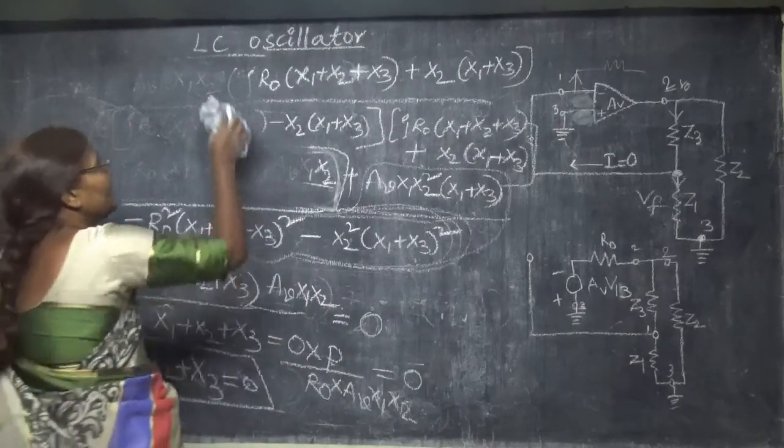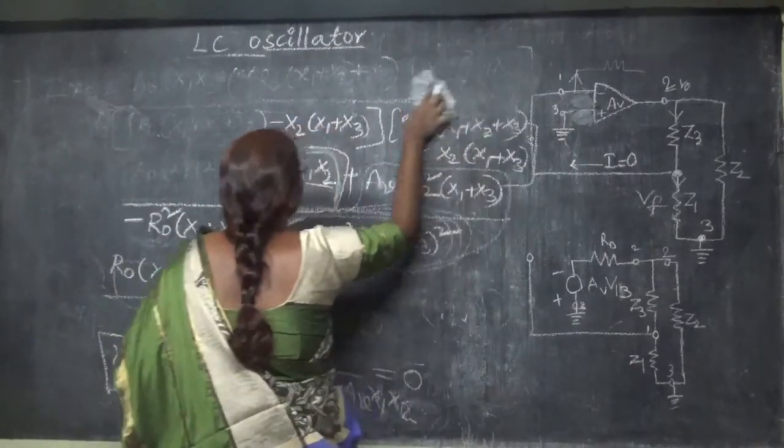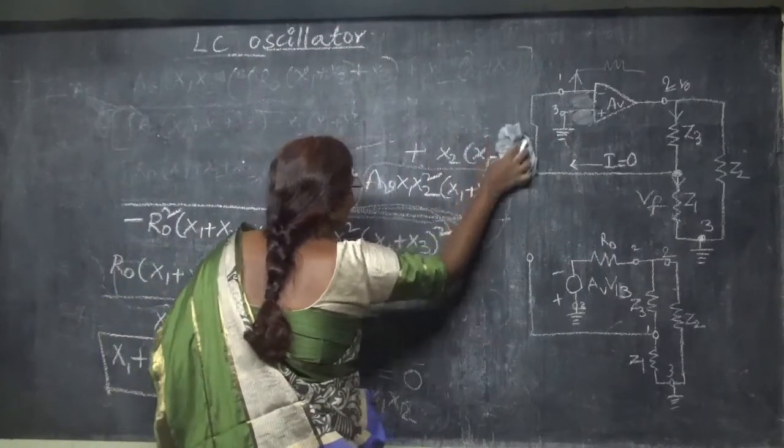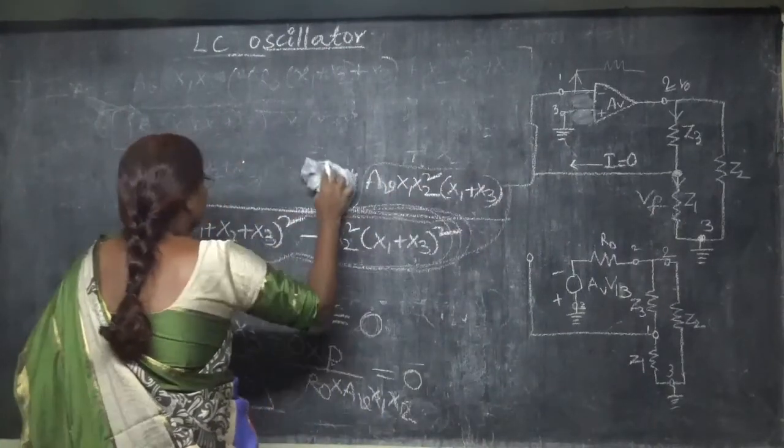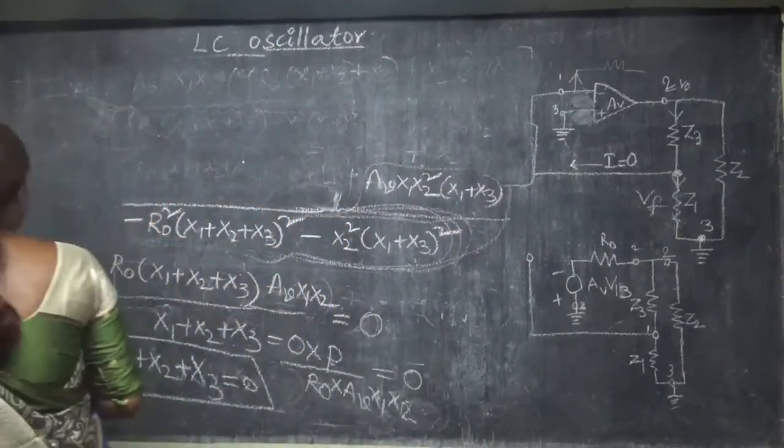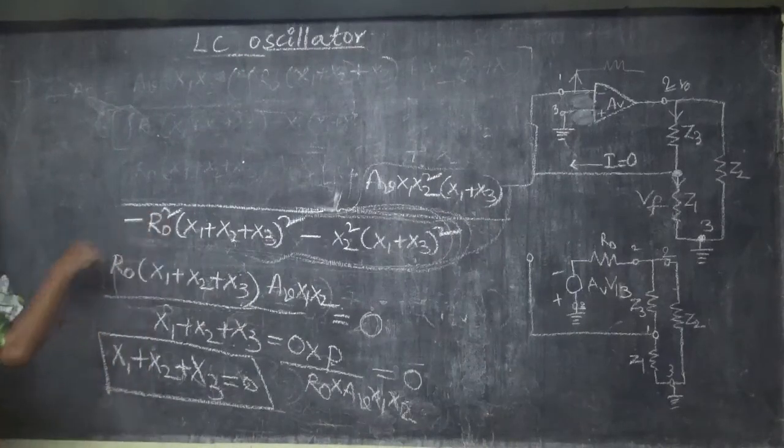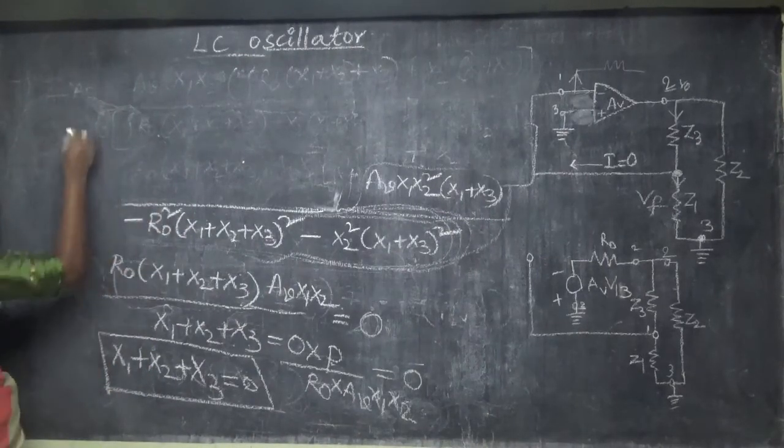So I will write the real part. Because the imaginary part is equal to 0, I got an equation. Now what am I taking? I am taking the real part. So what is my real part?